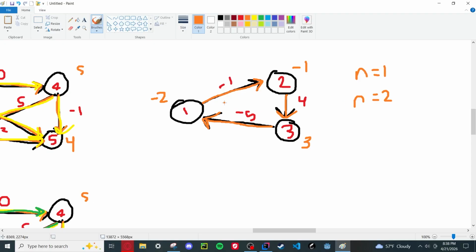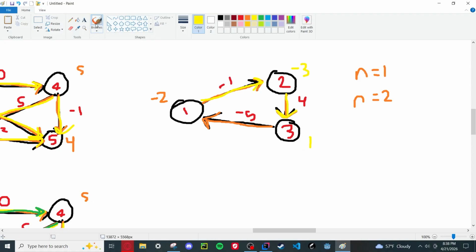According to Bellman-Ford, -2 minus 1 is -3. I'll do this one in yellow. I get a new answer, -3. Okay, I'll update this. -3 plus 4, I get a new answer. This should become 1. That makes sense.